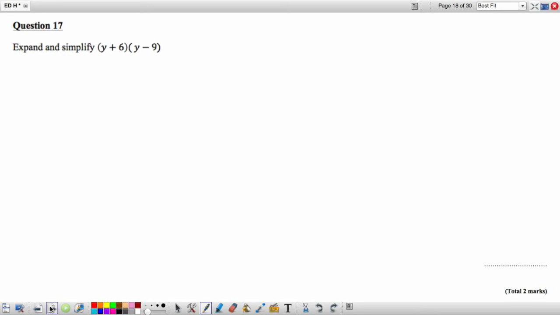Question 17. Expand and simplify. Here we have a double bracket with a negative in the second part to be careful of. We must multiply everything in the first bracket by everything in the second bracket. Start by multiplying y by y, which gives us y squared.